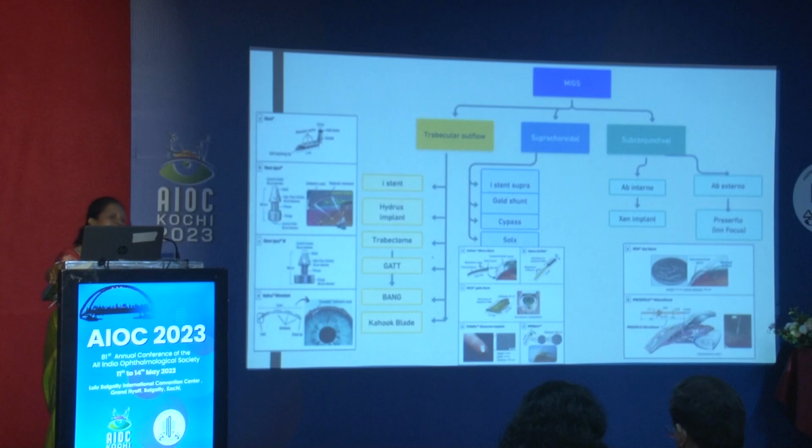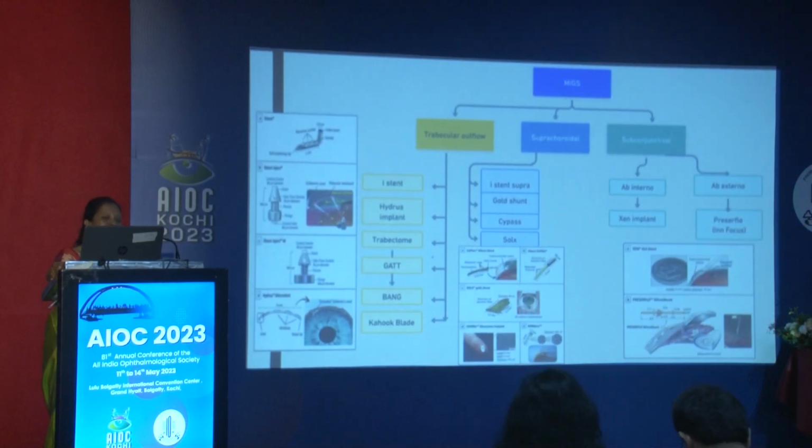So what is MIGS? It's minimally invasive glaucoma surgery. This came up to reduce the complications. They are supposed to have a high safety profile with a shorter surgical time and a shorter recovery time. Broadly, based on which part is targeted, they can be divided into trabecular outflow procedures.